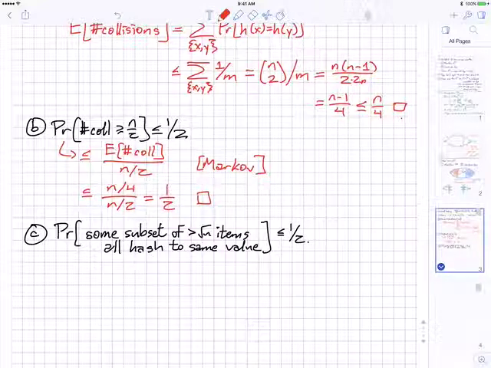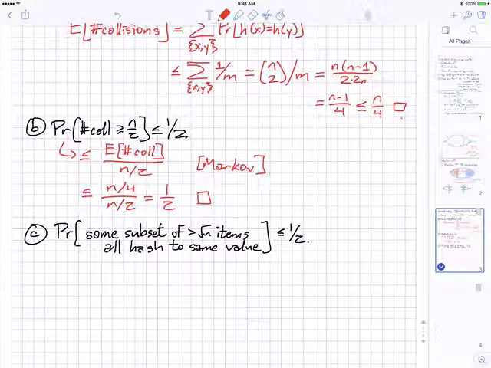And so let me think a little bit. If I have a subset of more than square root of n items, how many collisions do I have? And this goes back to the question, what is a collision? A collision is a pair of items that have the same hash value.